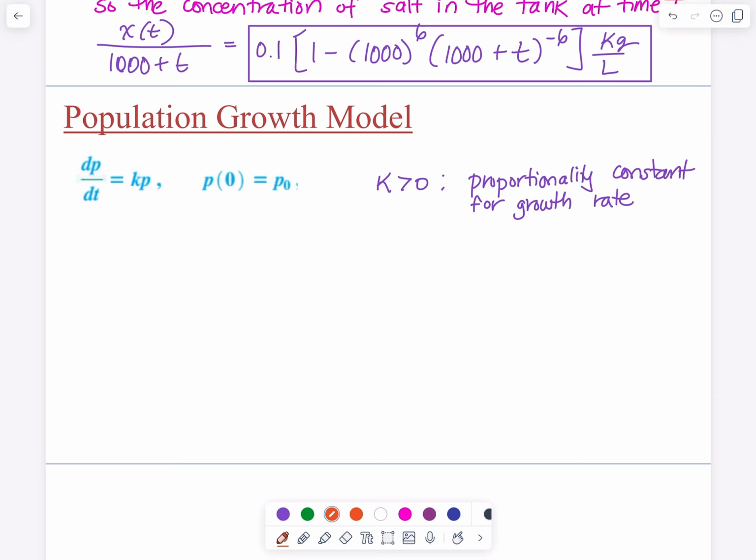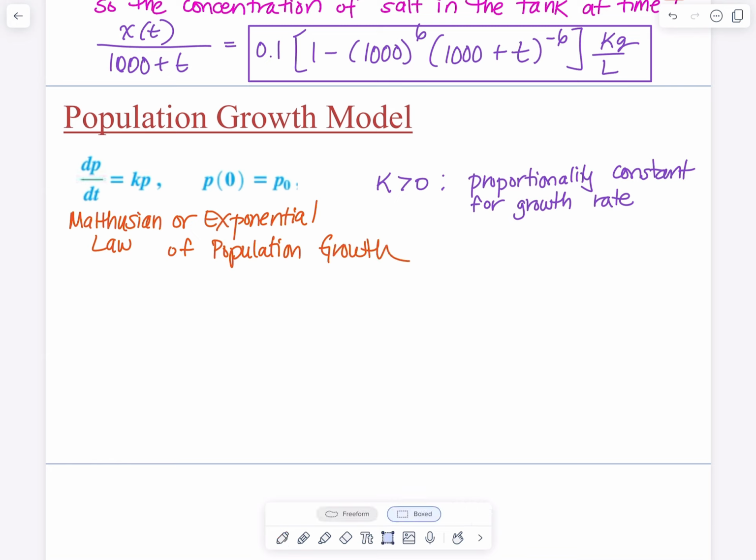So let's go ahead and write that down. Malthusian law of population growth.